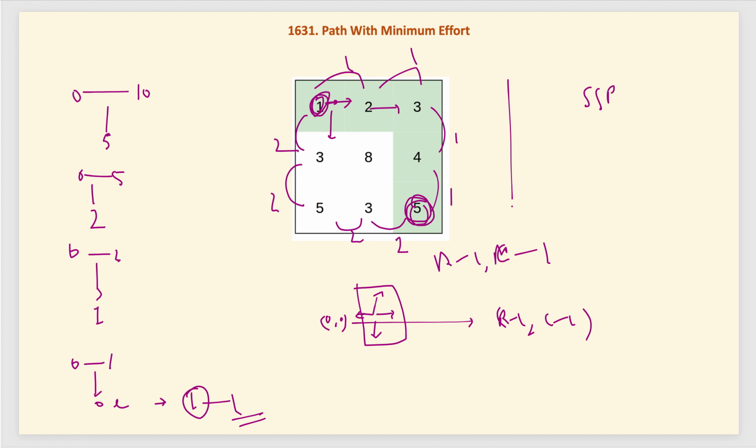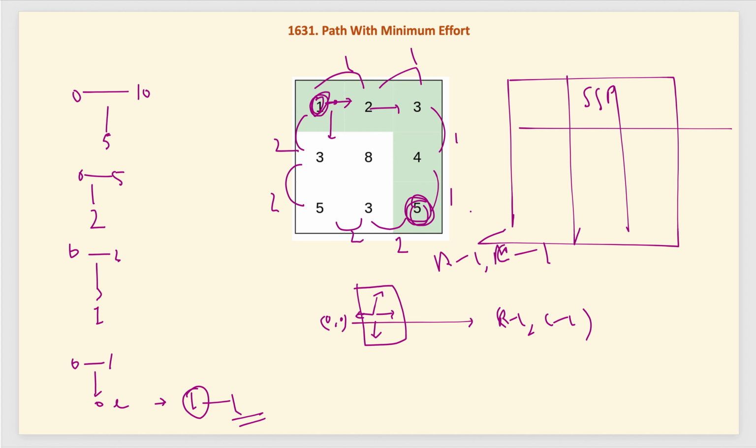So we will use a cost matrix of the same size, and initialize all the distances with the maximum value, and then initialize Dijkstra's algorithm by setting the distance of the starting point to 0.